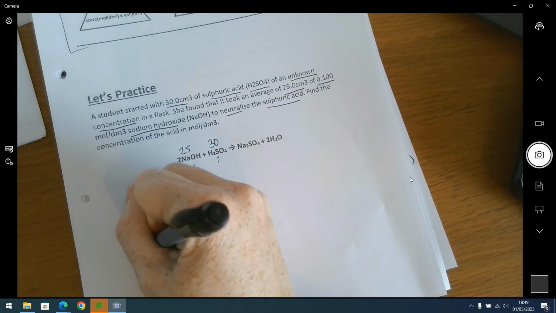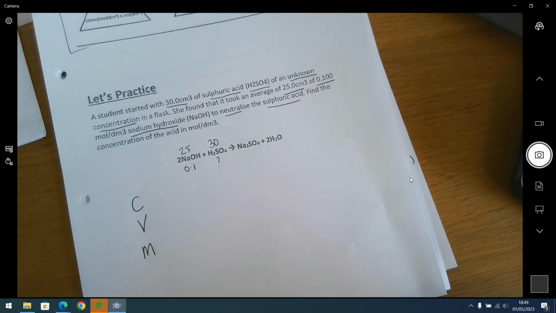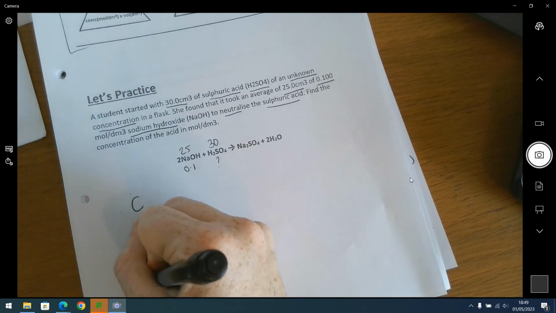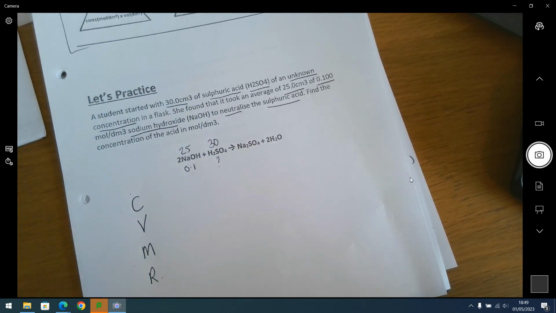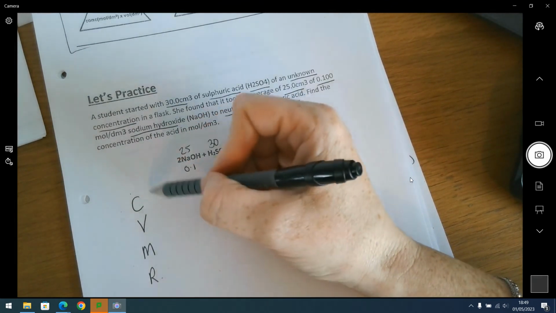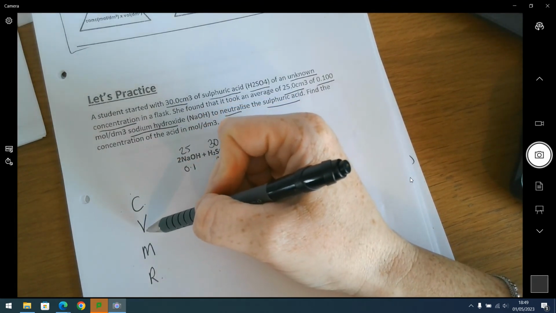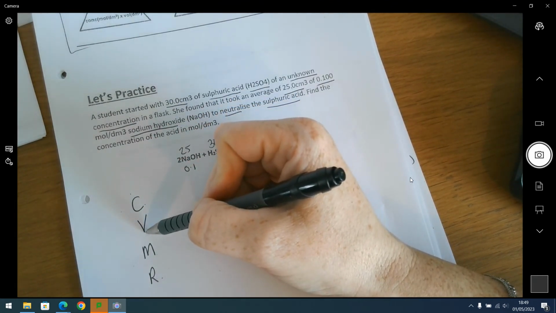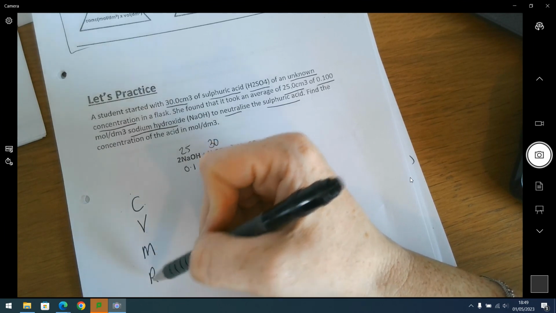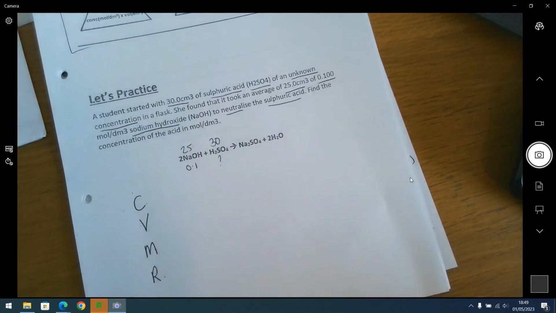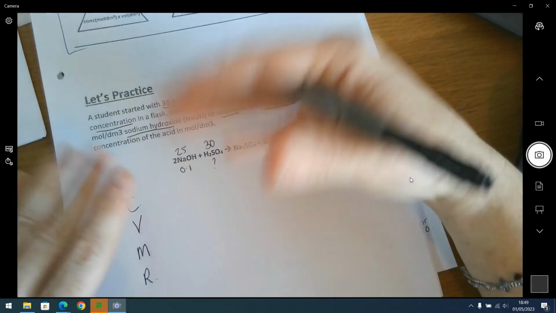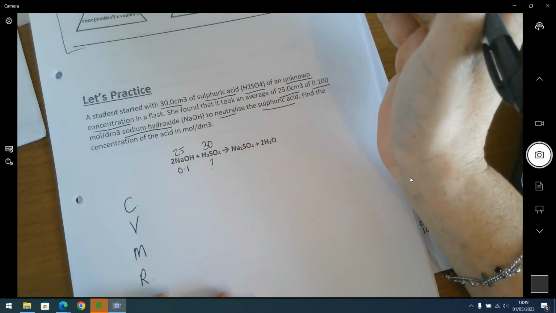We have to work out moles because that's an important thing as well. And we also have to think about ratio. And we said cats are verbally abusive to mice and rats. I think that was something like we came up with as a way of trying to remember all of the things I've got to think about for each of my substances.